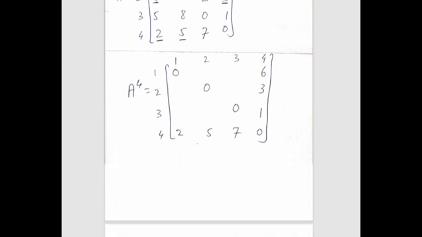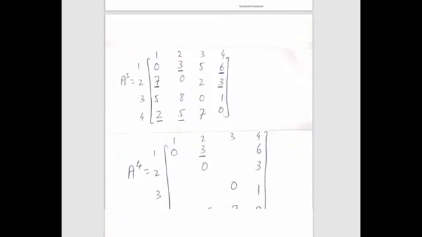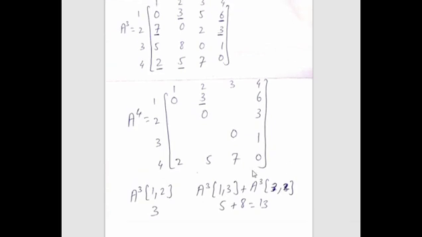Then we will calculate the rest of the distances using matrix A3 and this formula. The first distance to calculate is 1 to 2 for matrix A4. So A3 1 to 2, and on the right side A3 1 to 4 plus A3 4 to 2. In A3, 1 to 2 is 3, 1 to 4 is 5, and 4 to 2 is 8.